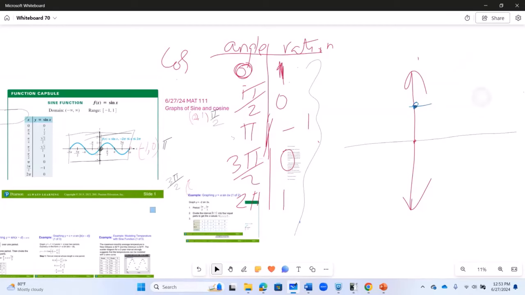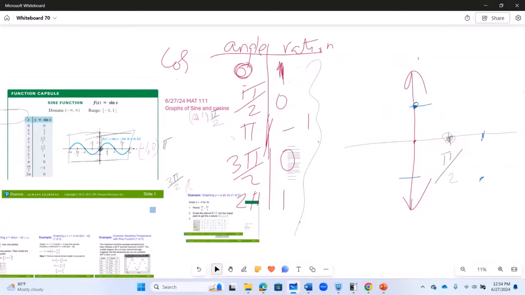So this is pi over 2 here, and I'm only using quadrantal angles. Cosine of 90 is 0, and cosine of 180, we already know, is -1, somewhere here. And then cosine of 3 pi over 2, which is 270, is right here.